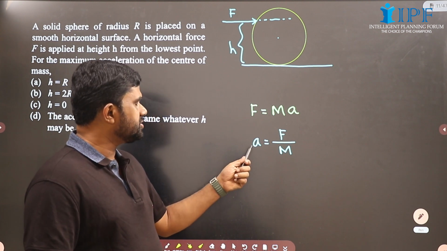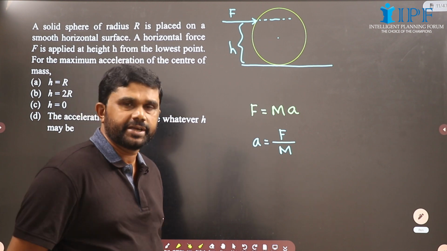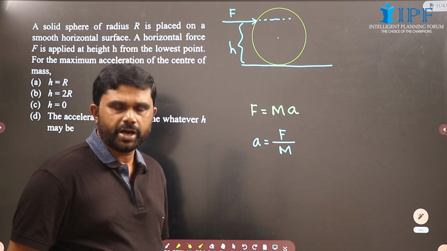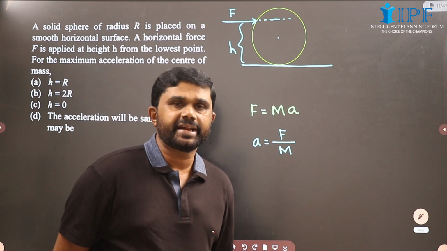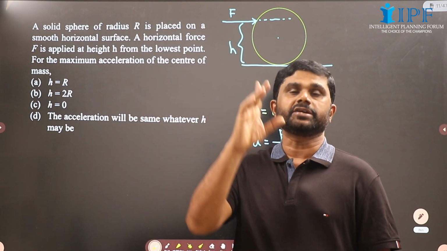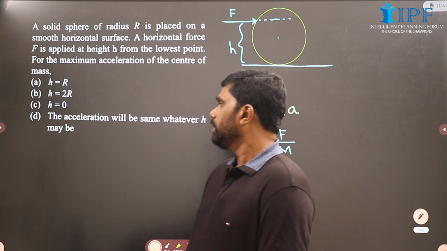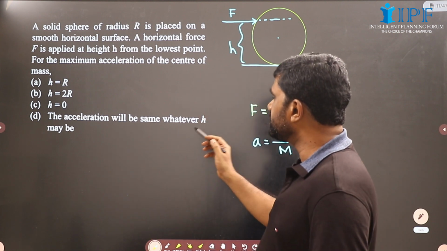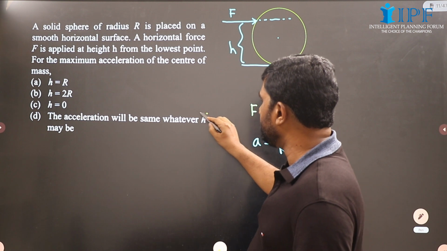This a will be equal to F by m, force divided by mass. So the acceleration of the center of mass in this case is independent of the height. The acceleration will be the same whatever h may be.